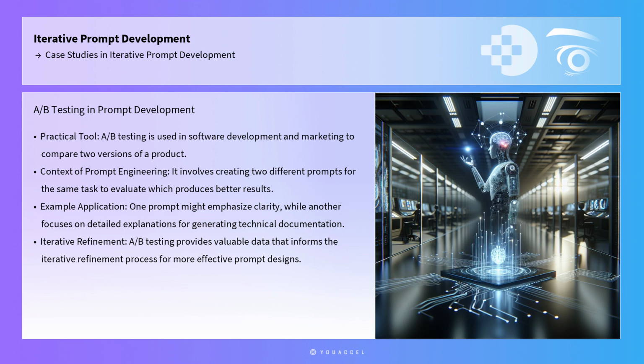For example, when developing a prompt for a language model to generate technical documentation, one version of the prompt might emphasize clarity and conciseness, while another focuses on including detailed explanations. By comparing the outputs, prompt engineers can determine which prompt yields more accurate and user-friendly documentation. A/B testing provides valuable data that informs the iterative refinement process, leading to more effective prompt designs.